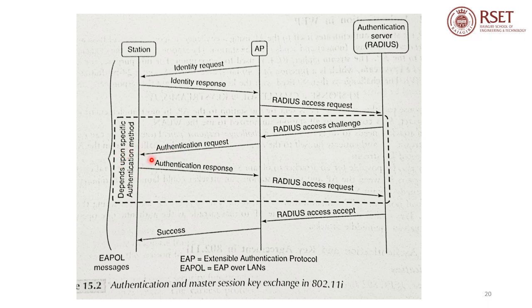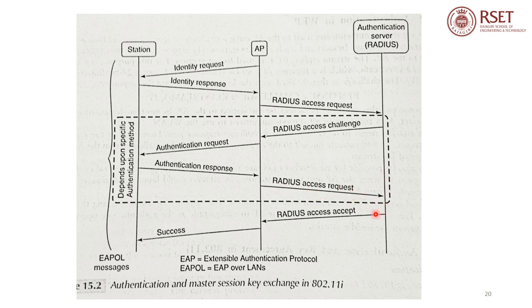Once the proof has been asked for, the station will respond with an authentication response, where it sends back a proof of the ID that has already been submitted to the AP. The AP will forward that value to the RADIUS server again as a RADIUS access request.